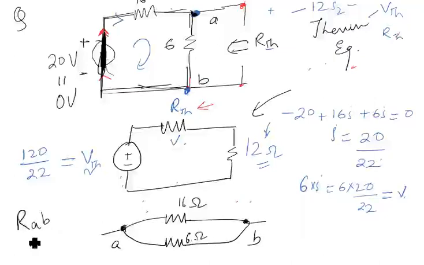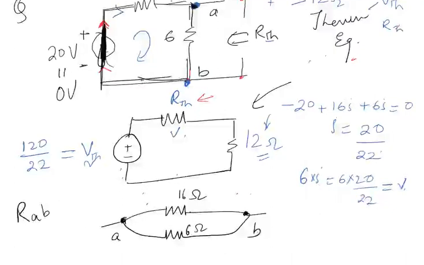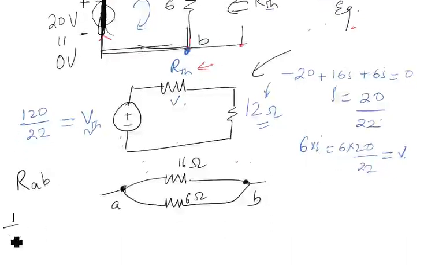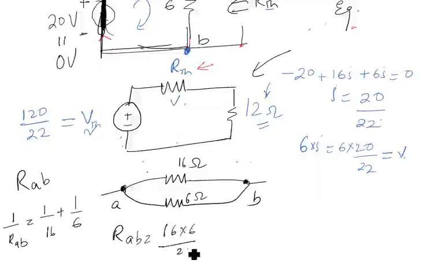So 1 upon RAB is equal to 1 upon 16 plus 1 upon 6. That's it. So RAB is equal to 16 into 6 divided by 22. So what you can write, 8 into 6 divided by 11, sorry, divided by 22 gives 11.